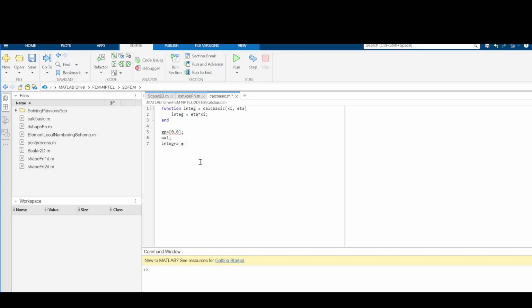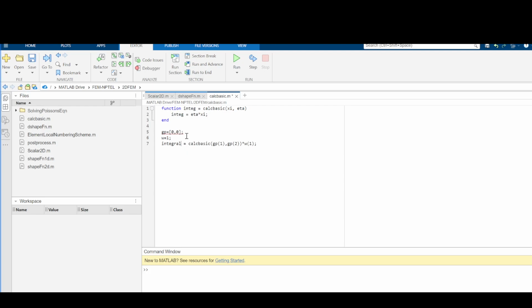It will be 0 here, right? But what is the way of calculating the integration using Gauss quadrature? We call the integrand. The integrand here is this, and we give input as the Gauss point, right? And we multiply it with the weight function. So this will give us the integral.